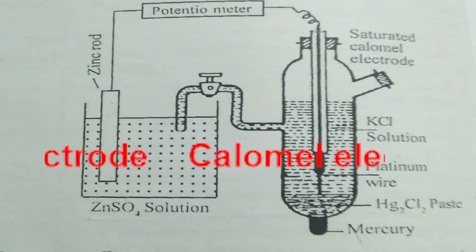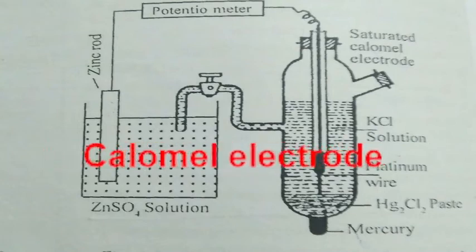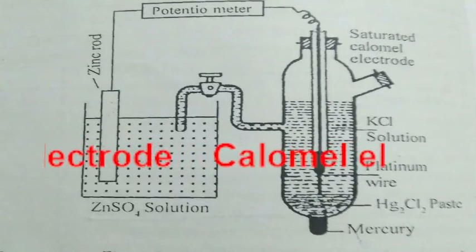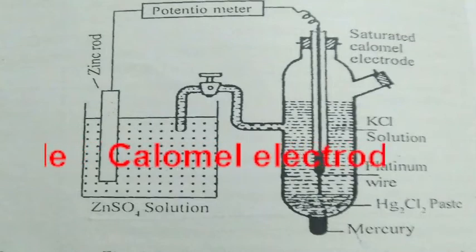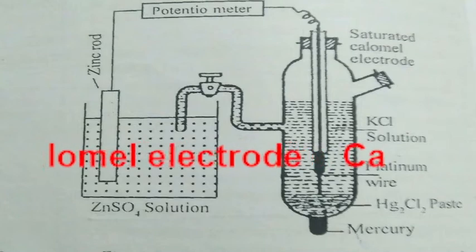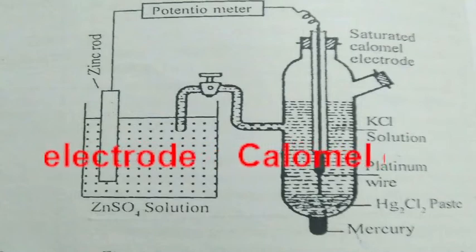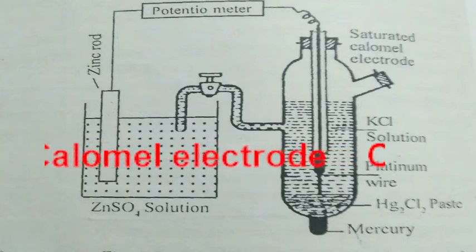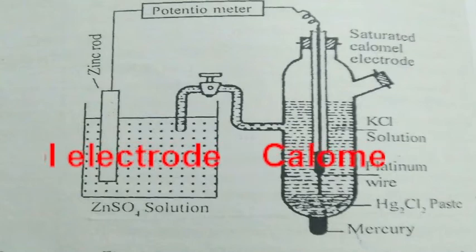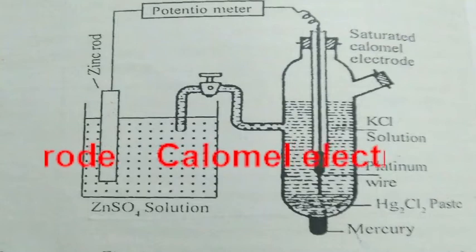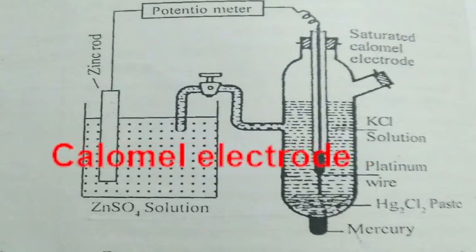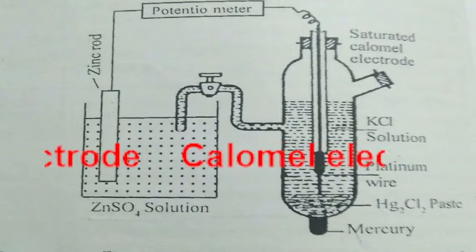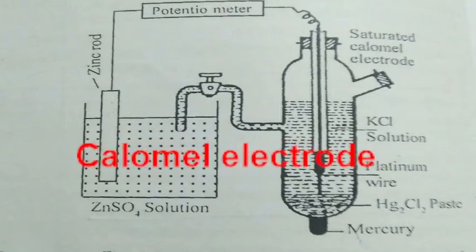So here, based on the difference in concentration of potassium chloride we choose, it could be sometimes decinormal or normal or saturated solution. We have three different Calomel electrodes possible based on the difference in concentration of potassium chloride.